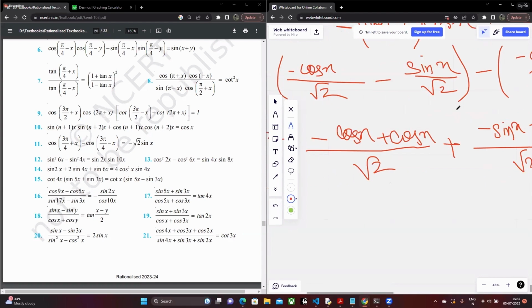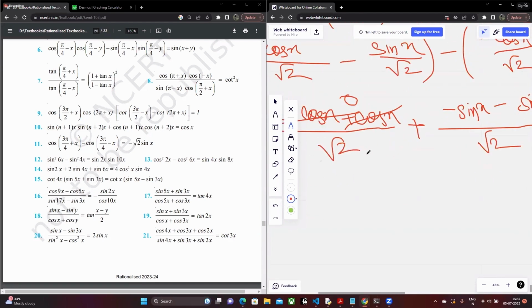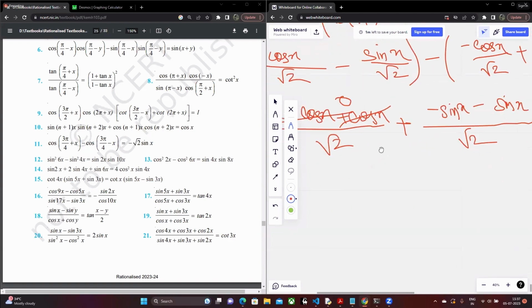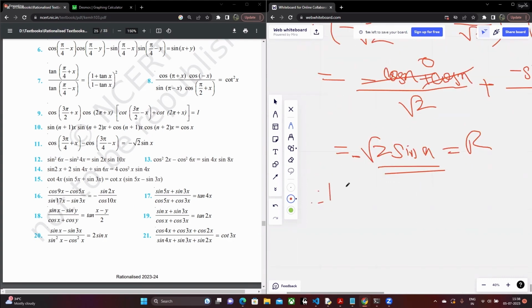This is going to give you a 0, and this is going to be minus 2 sin x by root 2. Since 2 by root 2 is root 2, I will write this as minus root 2 times sin x, which is the RHS. Therefore, LHS is equal to the RHS. Therefore, I have proved the statement.